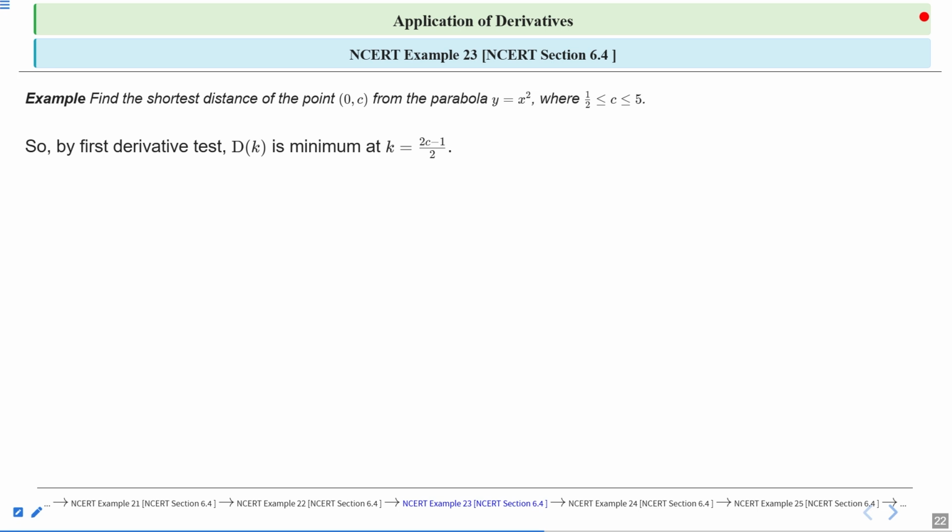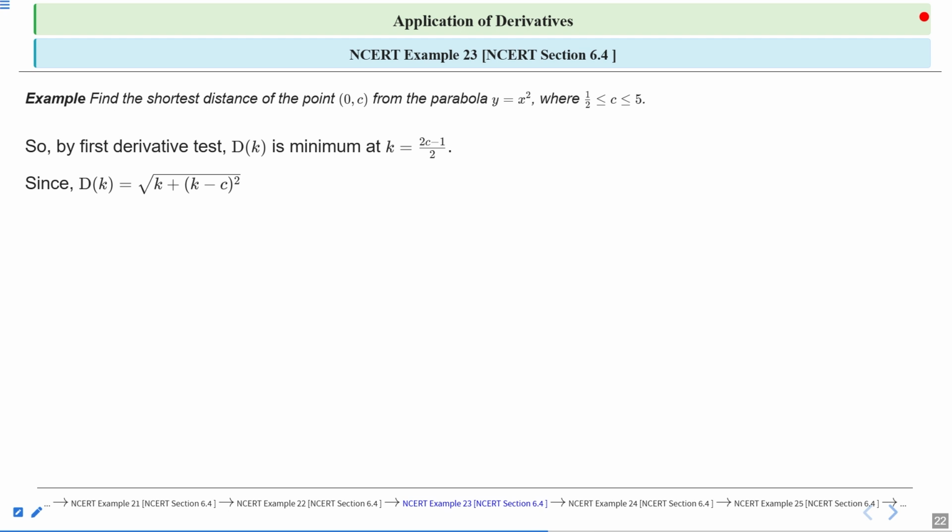So by the first derivative test, d(k) is minimum at k = (2c − 1)/2.